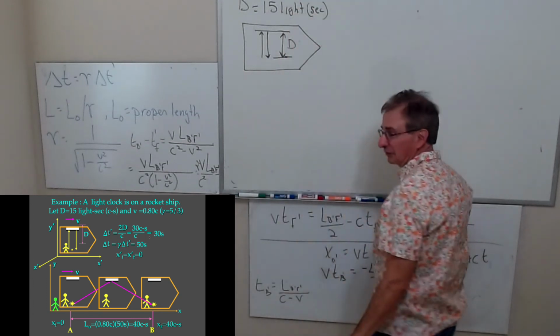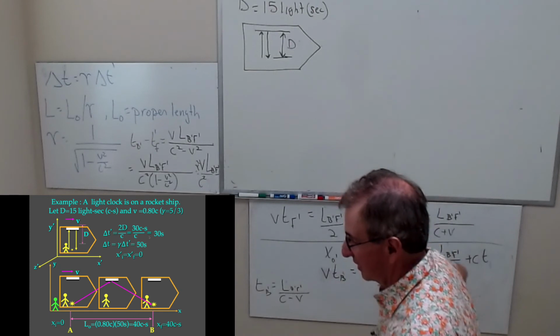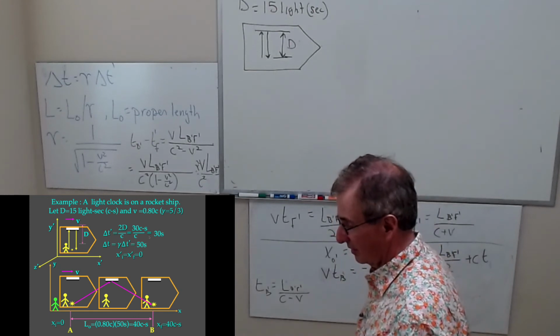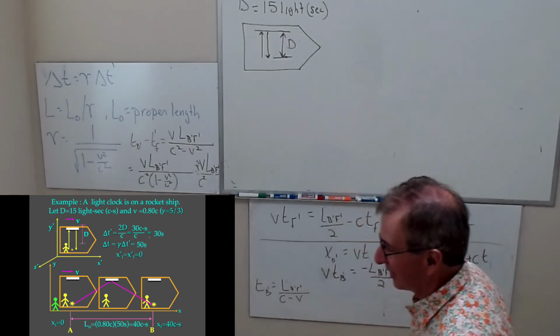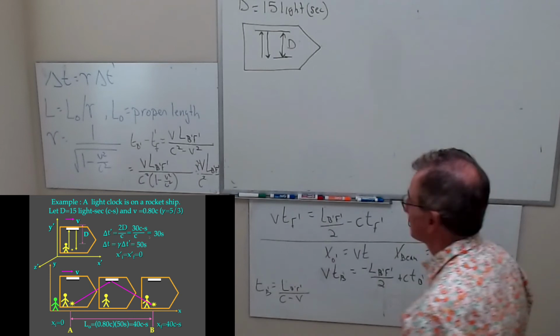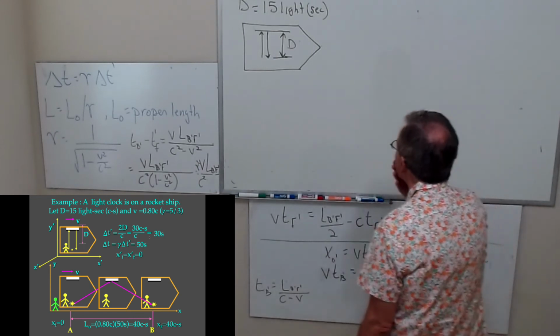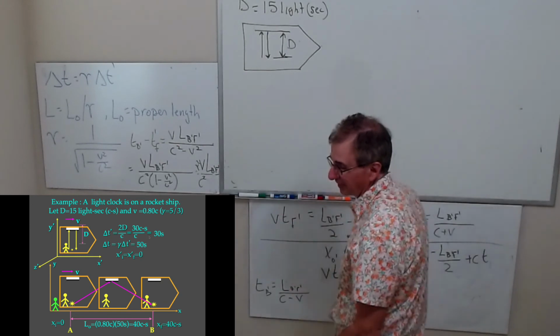Can anybody tell me what 15 light seconds means? How far light moves in a second? Yeah, it's just how far light moves in a second. It's the speed of light times time. Because otherwise you've got to write 3 times 10 to the 8th. We're trying to do things shorthanded.